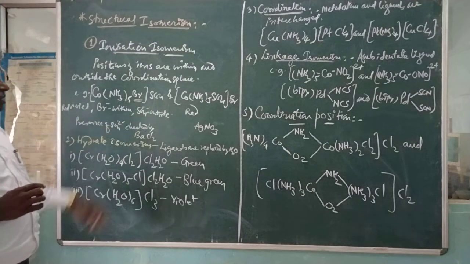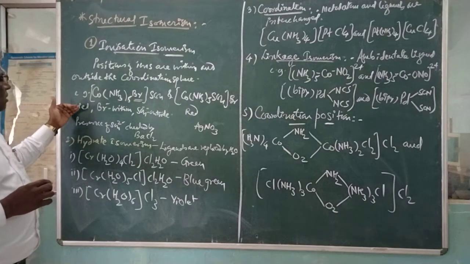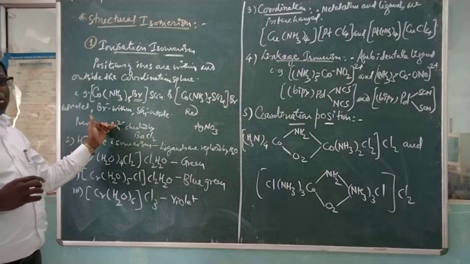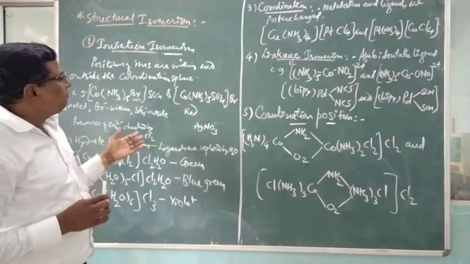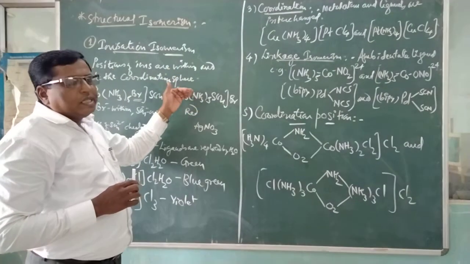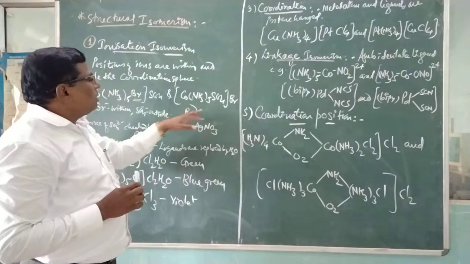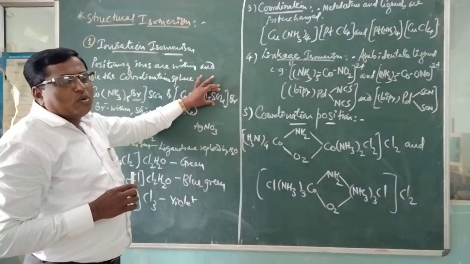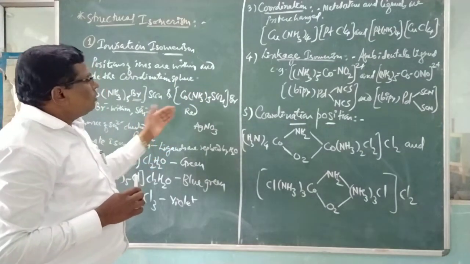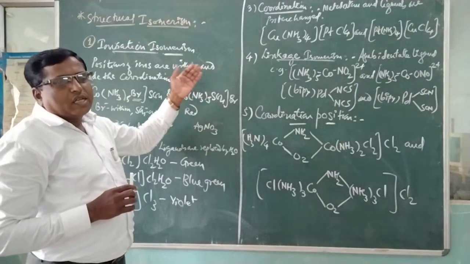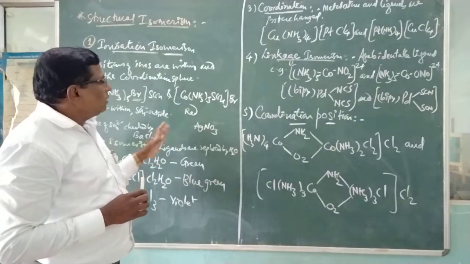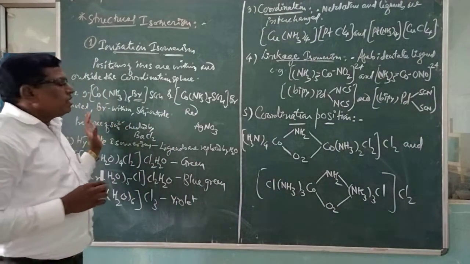The presence of SO4 can be checked by the addition of BaCl2 solution. In the other complex, which is red in color, SO4 is within the coordination sphere and Br is outside. Since Br is a halogen, it can be detected by addition of AgNO3 solution, and therefore both cations and anions can be tested.